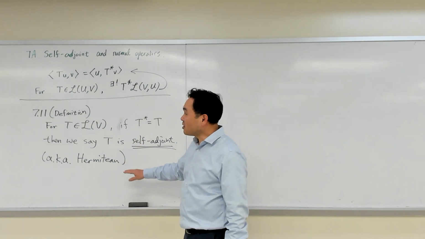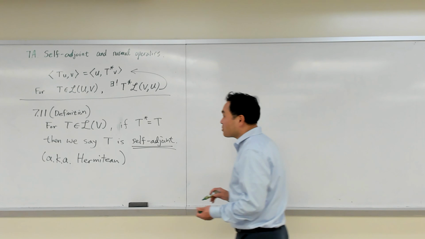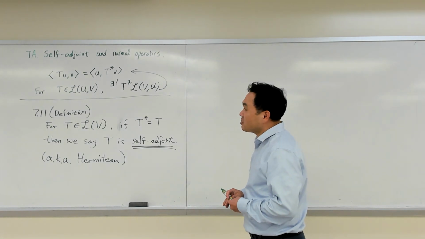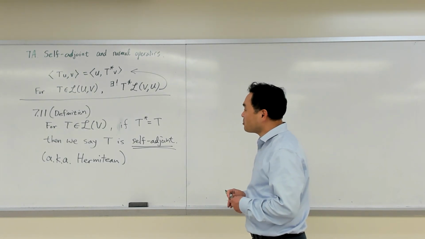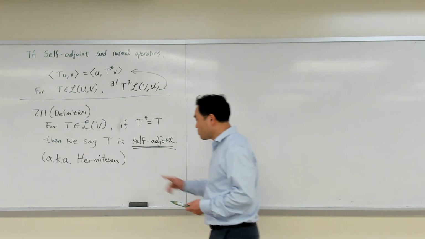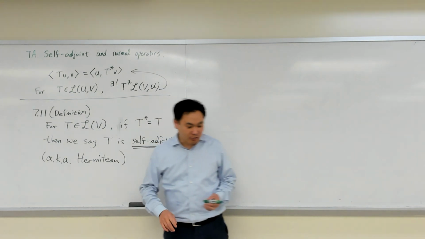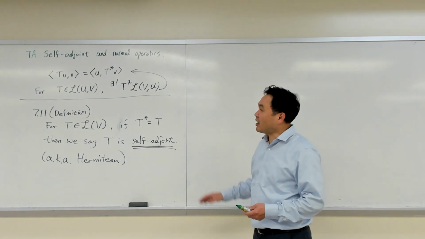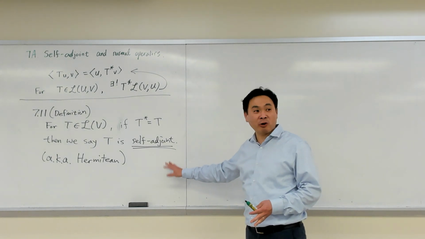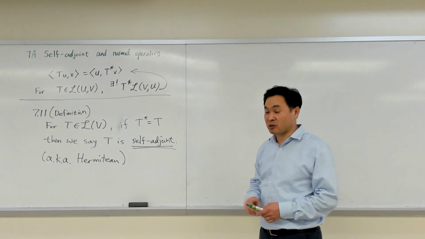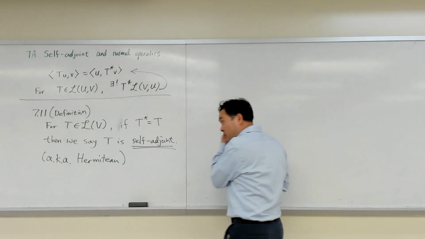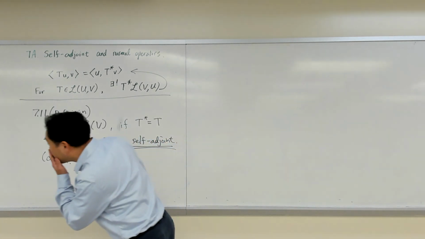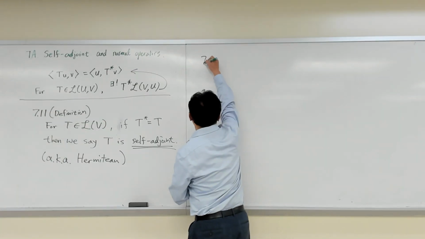So this next theorem is probably the most important theorem that you should know for any self-adjoint or Hermitian operators. And by the way, I'm really going to expect everyone to memorize this proof because it's so easy, okay? So let me first write down the statement. The statement is 7.13.